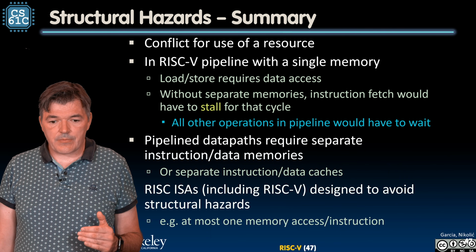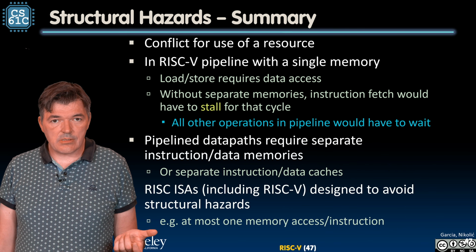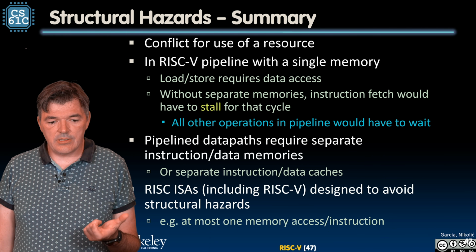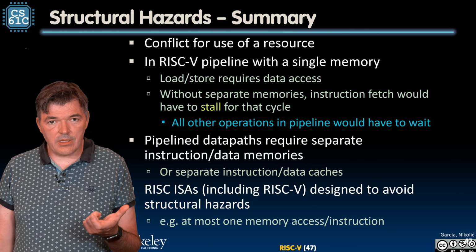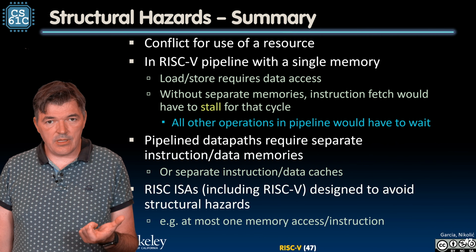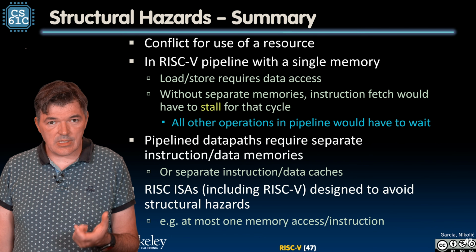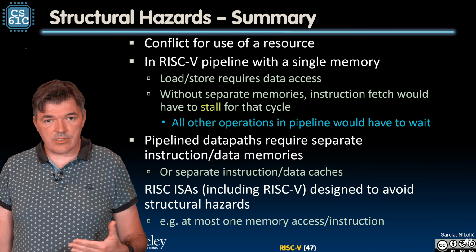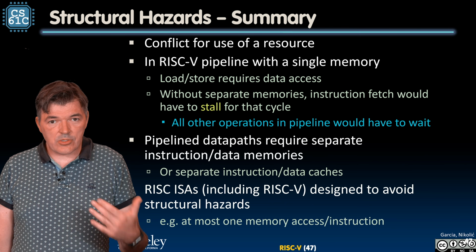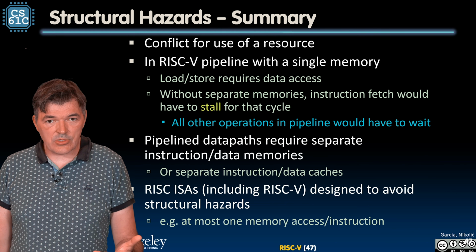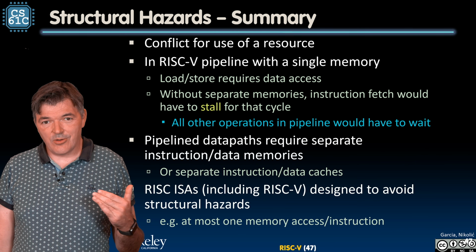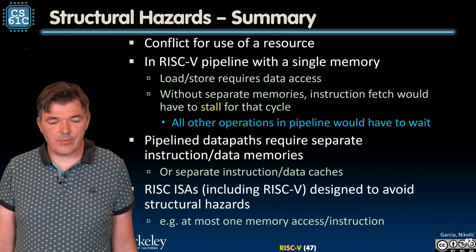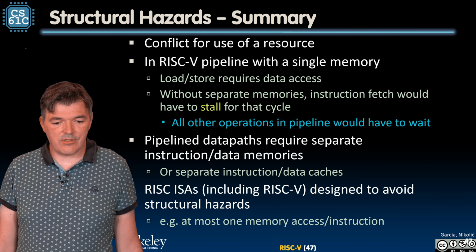All right, so in summary, structural hazards can exist, but they are typically avoided by the hardware design that matches the ISA. We'll look through all the instructions that are in the ISA, and we make sure that our hardware is provisioned to support all of these instructions that can exist concurrently during the depth of a pipeline.